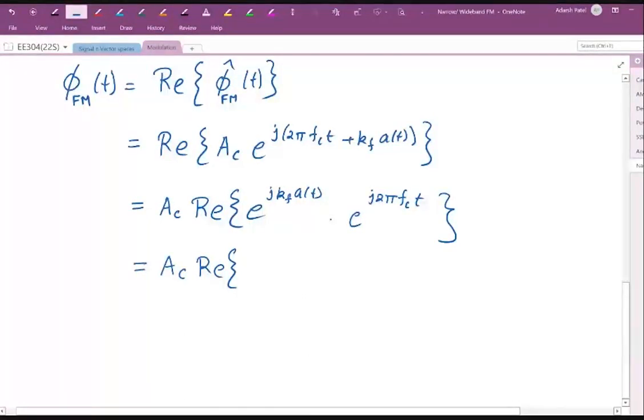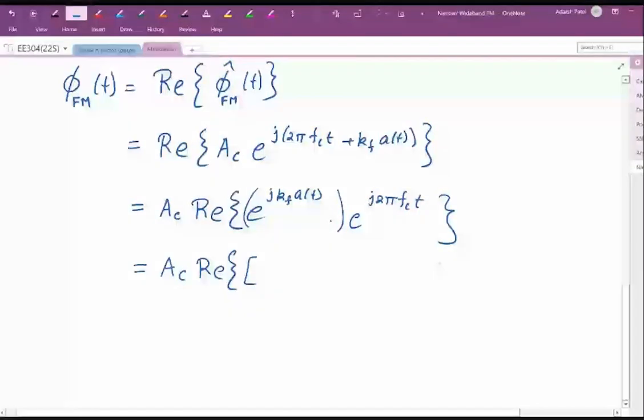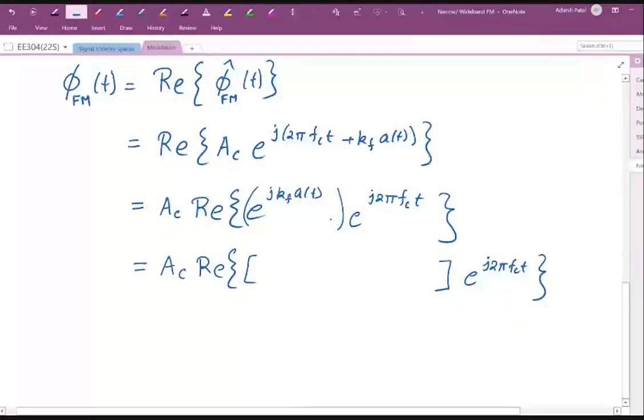Now I can take the e to the power j 2 pi fct to one side, and then I can expand the first term. So what will be the expansion? Do you remember the expansion of e to the power x? What should I write in the braces?